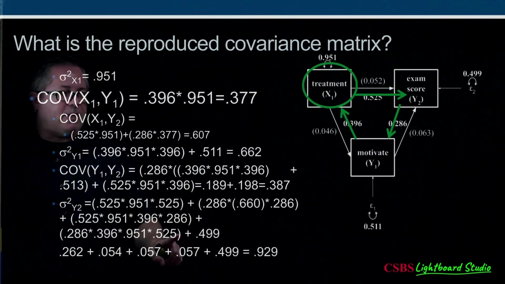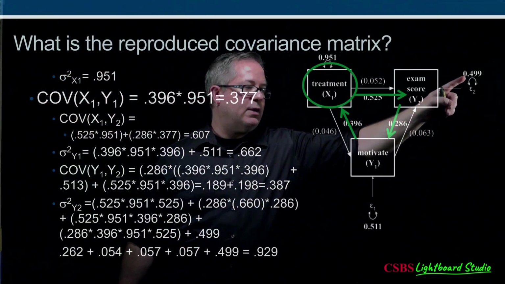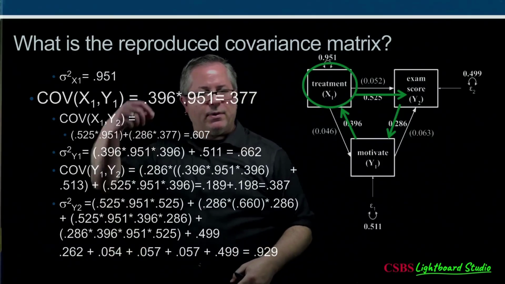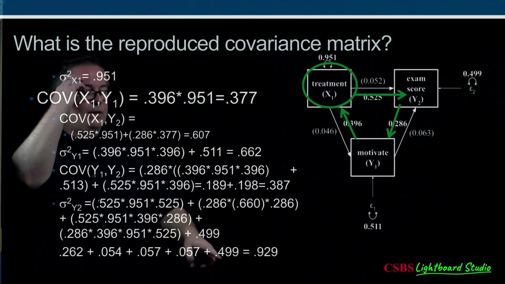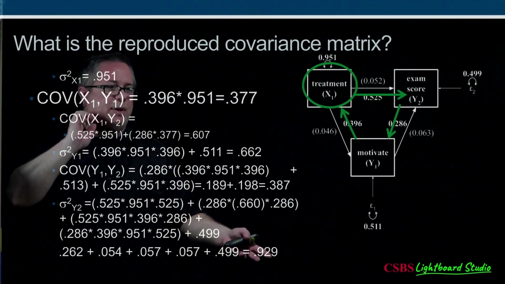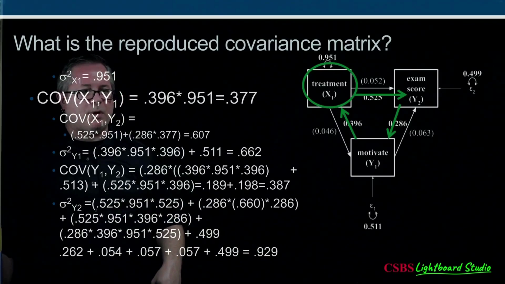Okay, so then we also need to add in the unique variance. The error variance here of 0.499 gets added in. We're looking at the variance of y2. You add all those things up. And here I got 0.929, and we got 0.928 before, but whatever, it's all the same. It's just rounding. I think the real number is 0.930 anyway.